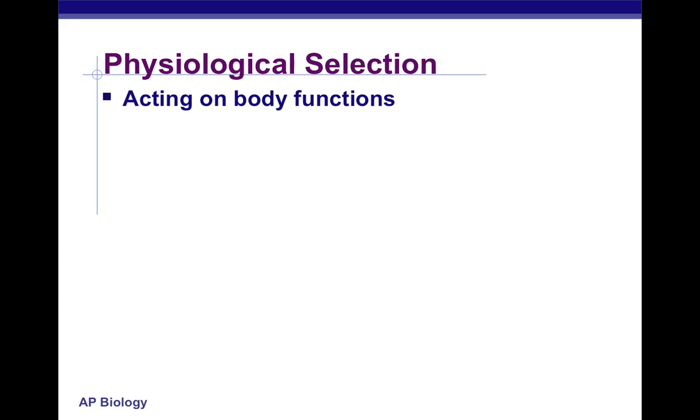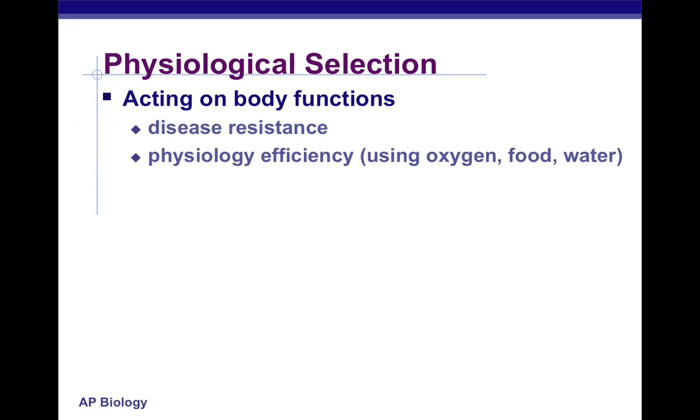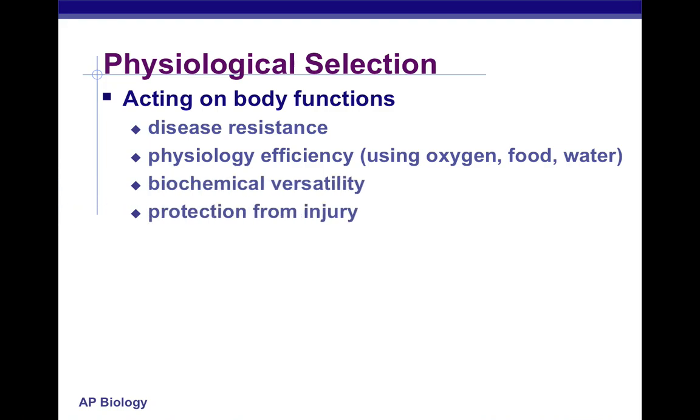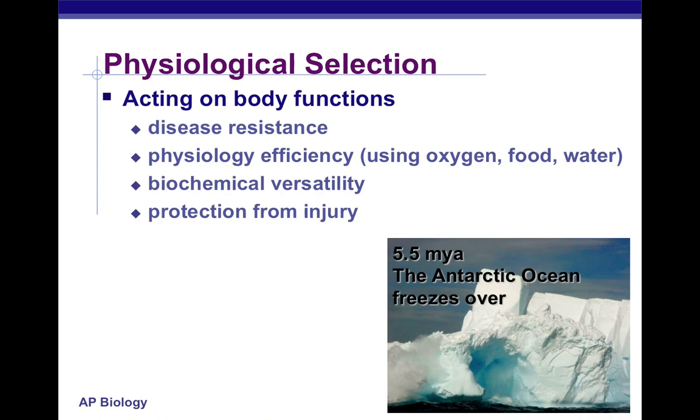Physiological selection. Physiological deals more with your body functions, so disease resistance, how efficient you are at using oxygen, food, and water, biochemical versatility, and protection from injury. These are all things that have to do with your physiology, your body, that help you gain an advantage within your population.